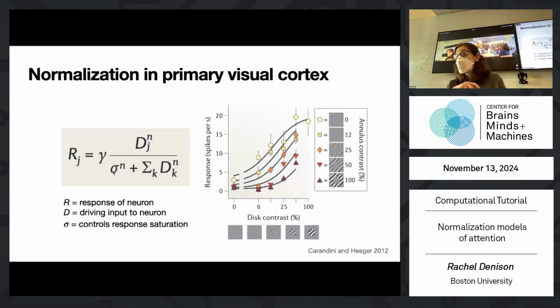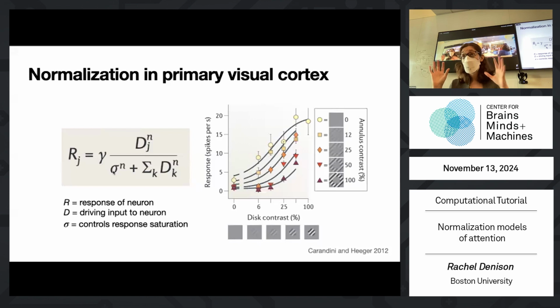In general, the surround can be larger than the classical receptive field of the neuron. So the classical receptive field is which area of the visual field does stimuli actually drive a response in the neuron. You can have some stimuli in an area beyond that region that will have no impact on the response of the neuron in isolation, but it will modulate the response of a neuron when there's something in the classical receptive field.